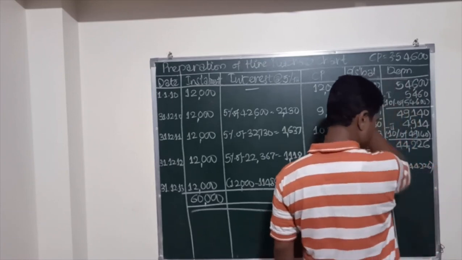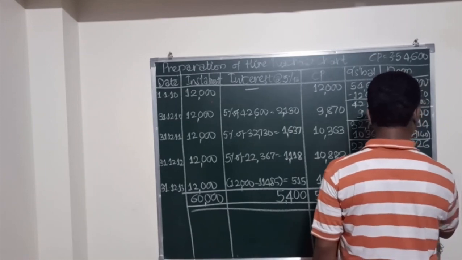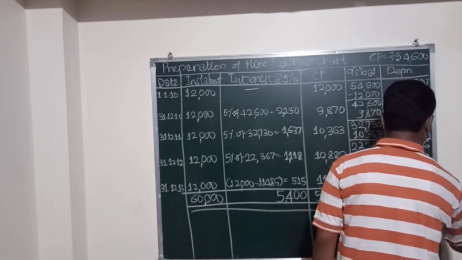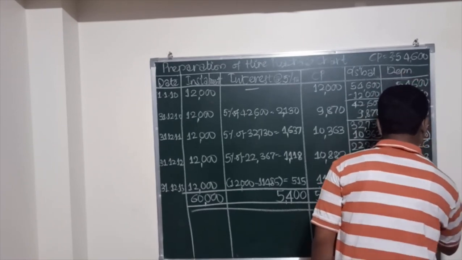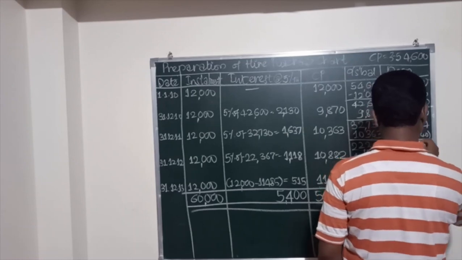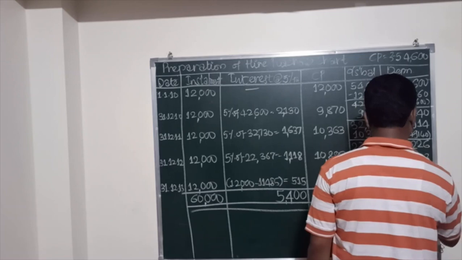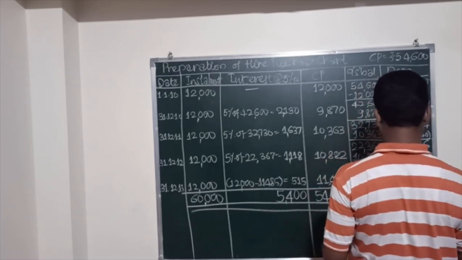Then for the third year, when you calculate depreciation, so 10% of 44,226, so it comes to 4,422.6 here, so 4,423 here. So when you subtract here, 6 minus 3 is 3 here, then 12 minus 4 is 8 here, carry 1, then 14 minus 5 is 9 here, so 39,803 here.